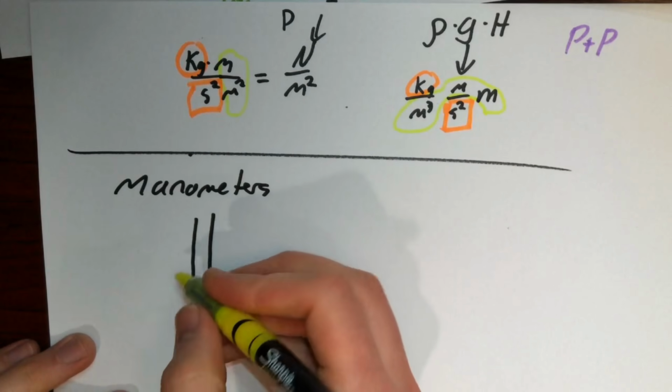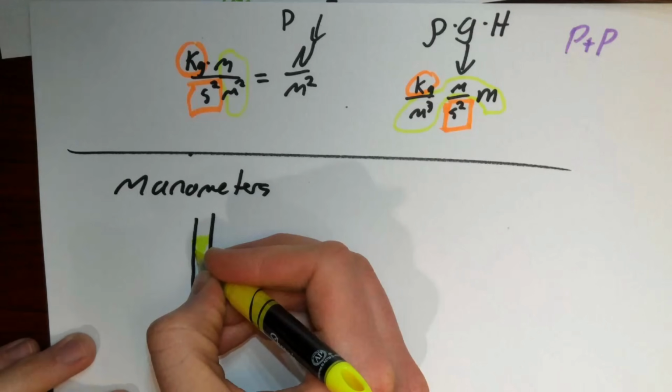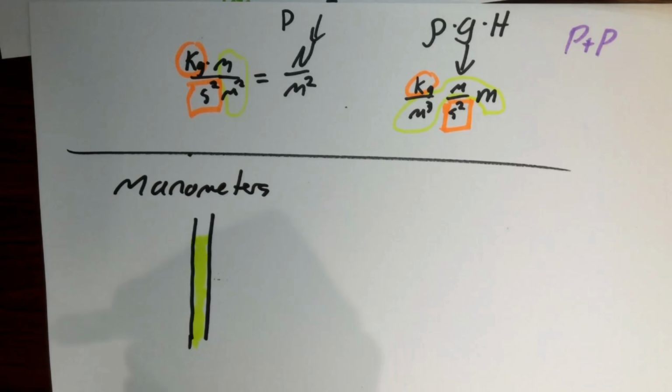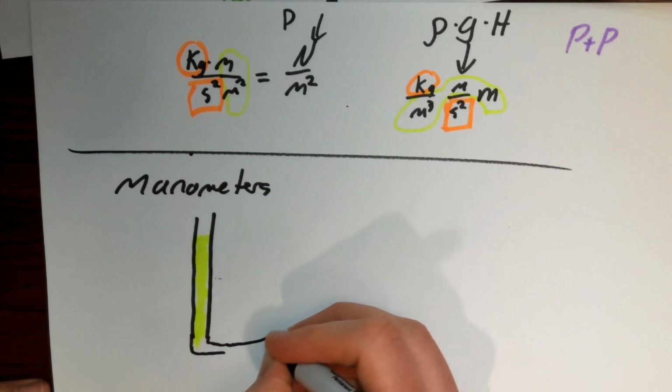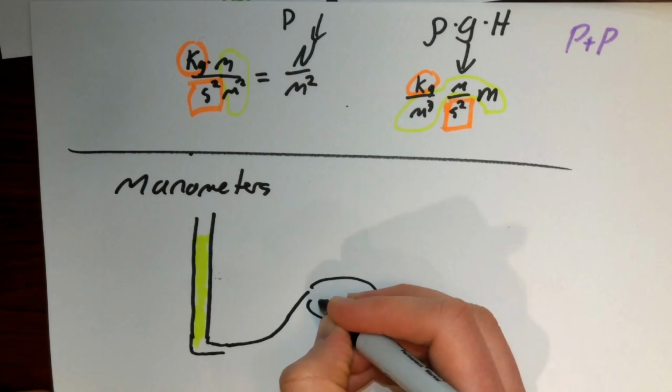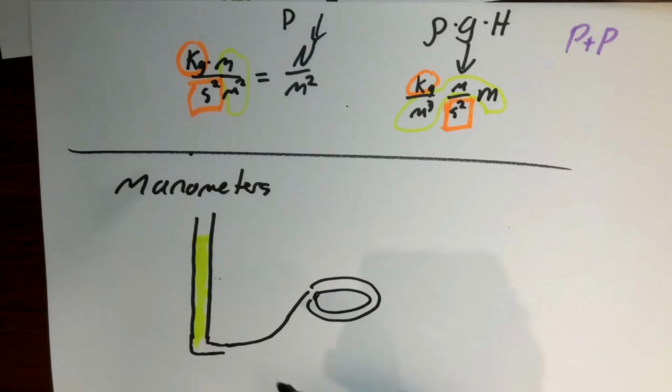I'll just do mercury in yellow, even though we know it's a silvery liquid. They had a little port at the bottom that you could attach to the air bladder that wrapped around your arm.